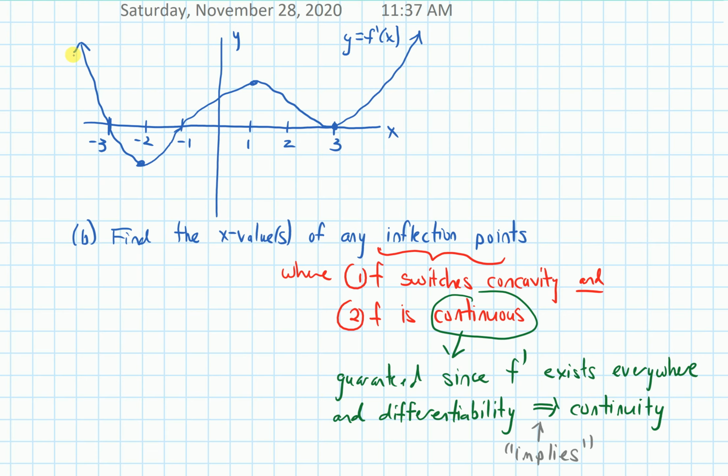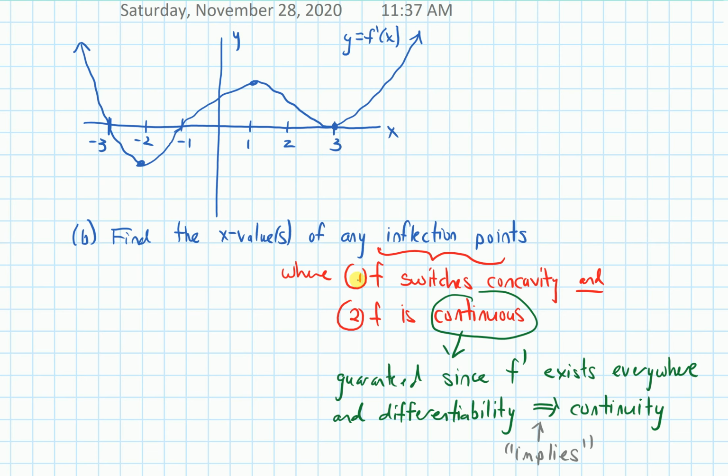In this case, because the derivative graph is given to us, we know the derivative exists everywhere. That means our original function is differentiable everywhere, and because f is differentiable everywhere, it's continuous everywhere. So we don't have to worry about the continuity part.